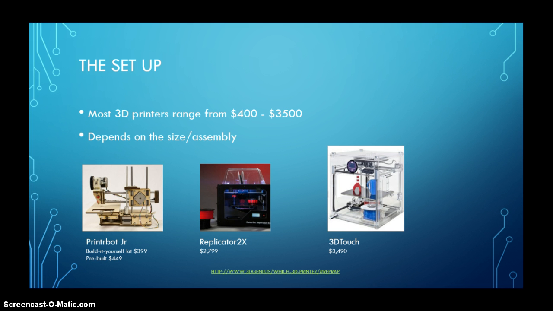As the PowerPoint states, this all depends on the size and the assembly. If you buy kits that you have to build yourself, they will typically run a little less expensive than the pre-built ones, ready to go right out of the box.